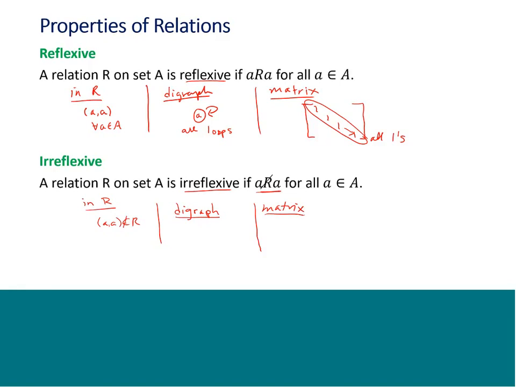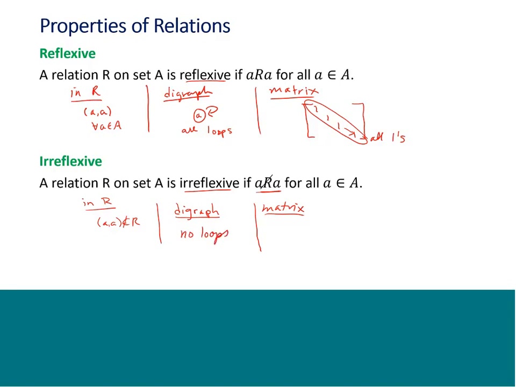Do you think we could have a loop in the digraph? Feel free to chat or try. There's some answers. Yep. So irreflexive means you can't have a loop, and it's not just for one vertex. It's no loops, period. Okay?